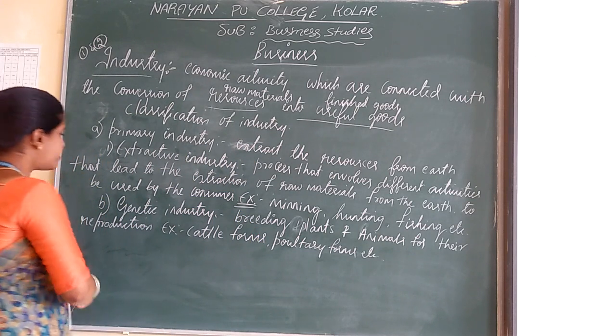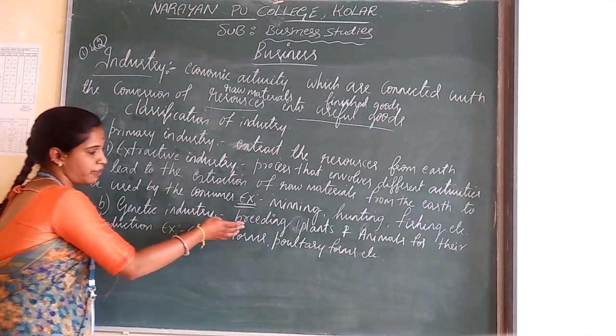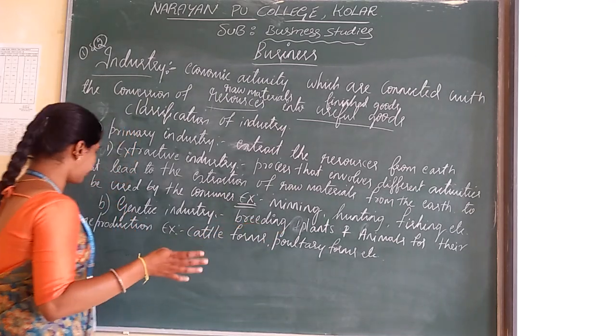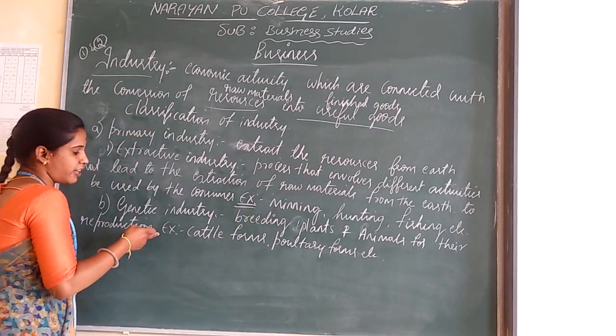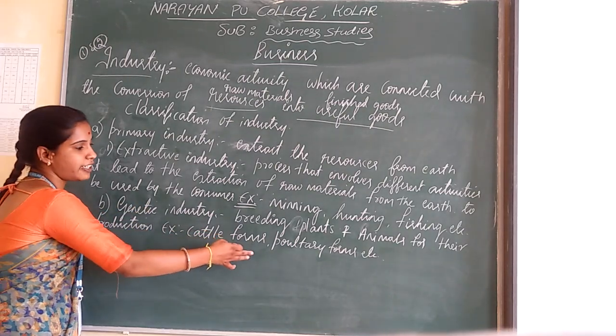So genetic industries are those that breed plants and animals for their reproduction and use. For example, cattle farming and poultry farms.